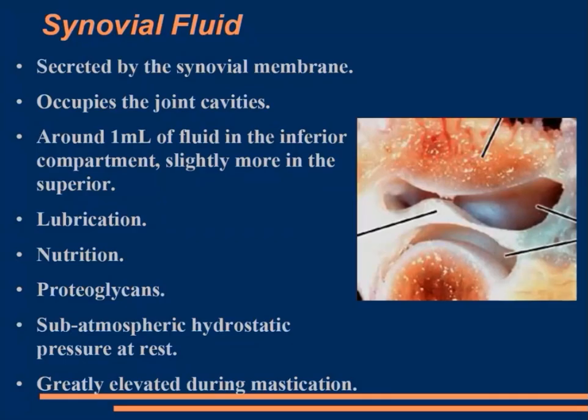Important also are proteoglycans serving for lubrication, hyaluronan and fibronectin. Also, normal synovial fluid contains some pro-inflammatory molecules, cytokines, interleukins. The hydrostatic pressure at rest is subatmospheric, and it elevates greatly during mastication.